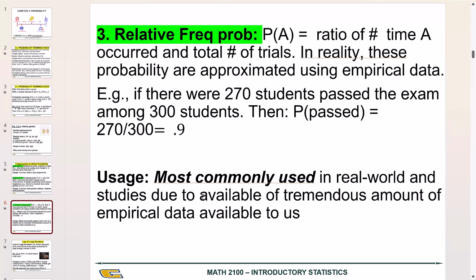And it's the most commonly used in the real world and in studies. Maybe because nowadays people can keep track of a tremendous amount of data in a very timely manner.